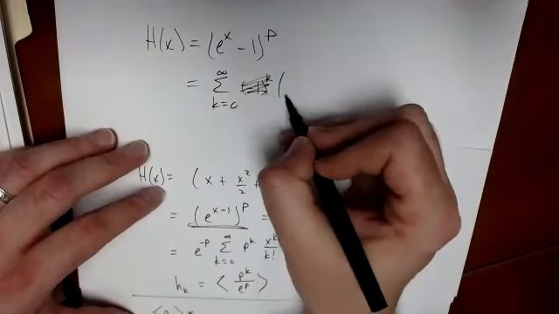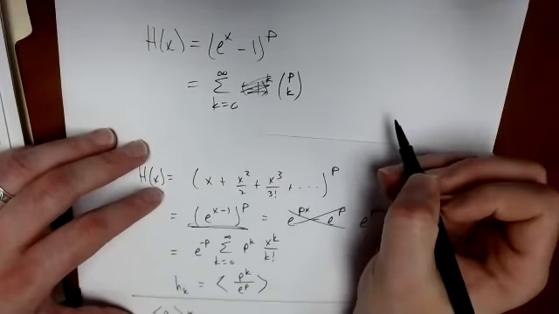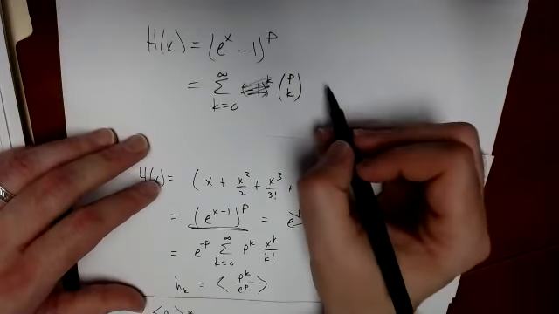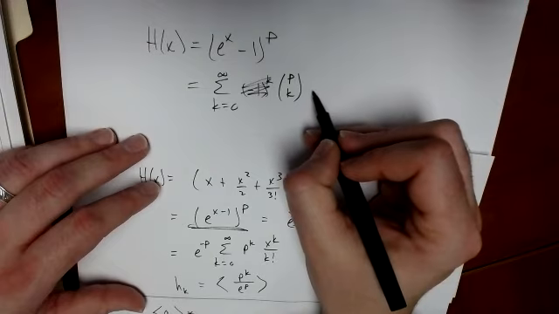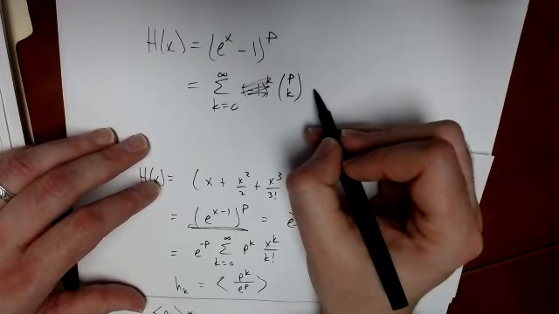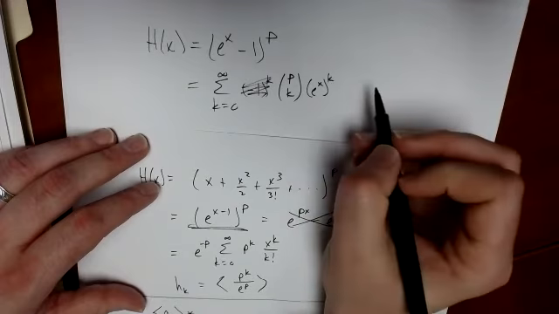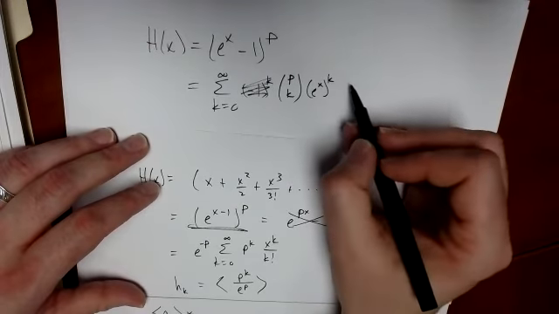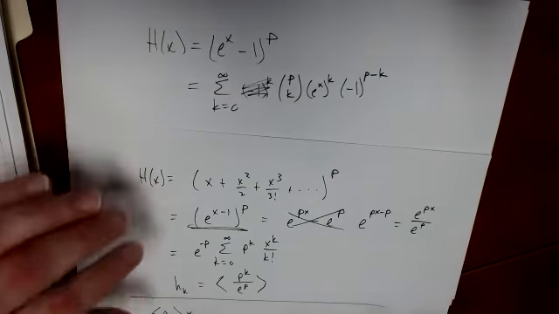We'll do it the nice way. p choose k, (e^x)^k times (-1)^(p-k).